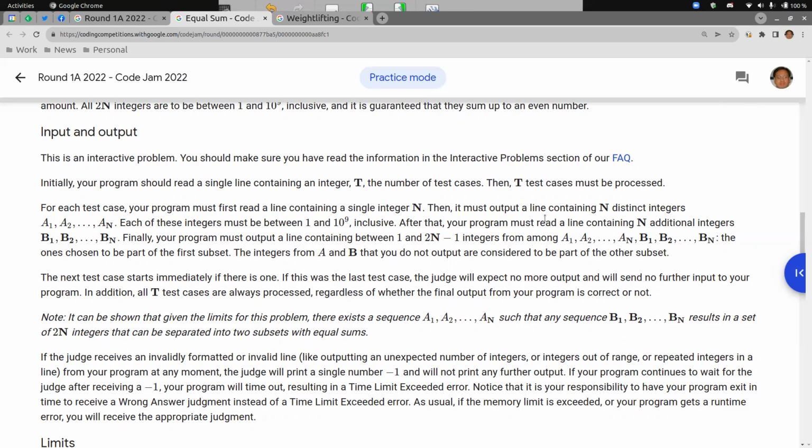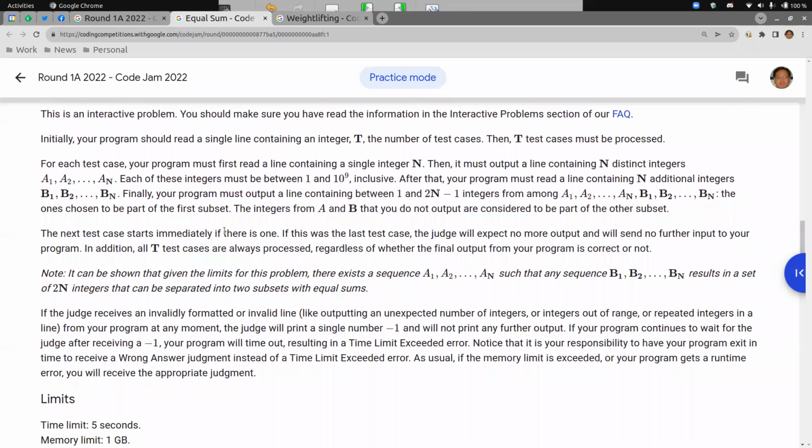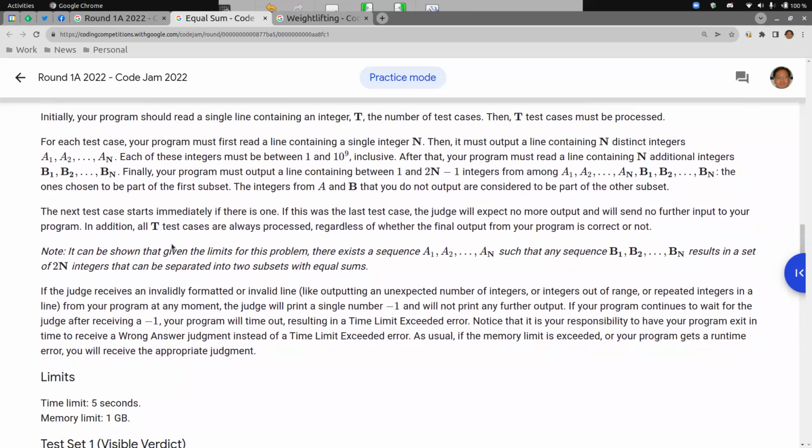After that, you will be given n numbers, b1 to bn. All of these numbers are different. And then finally, your program must output a line containing between 1 and 2n minus 1 integers from among these 2n integers, the ones that are chosen to be part of the first subset. The integers from a and b that you do not output are considered to be part of the other subset. The next test case starts immediately, and so on.